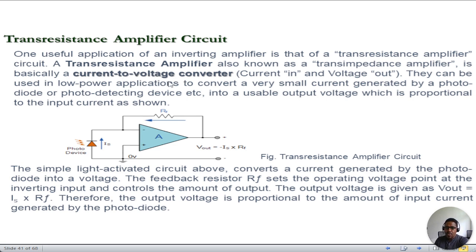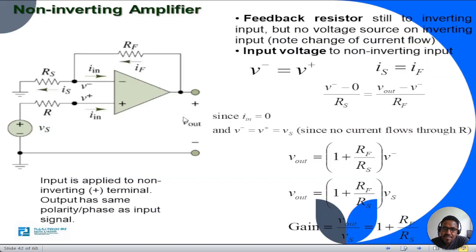inverting op amp. Now next, let's see the non-inverting amplifier. How do we analyze this one, or what is the gain of the non-inverting amplifier? So in the non-inverting amplifier, feedback resistor still goes to inverting input, but no voltage source on inverting input. Note change of current flow.